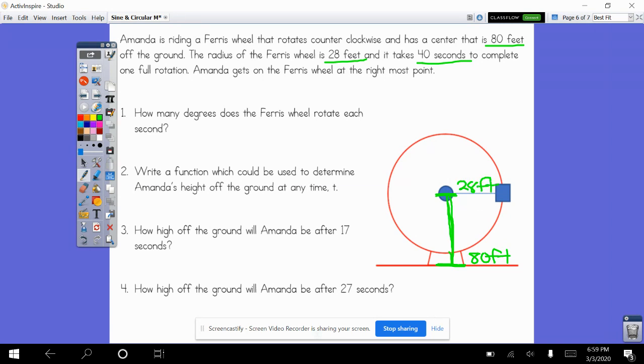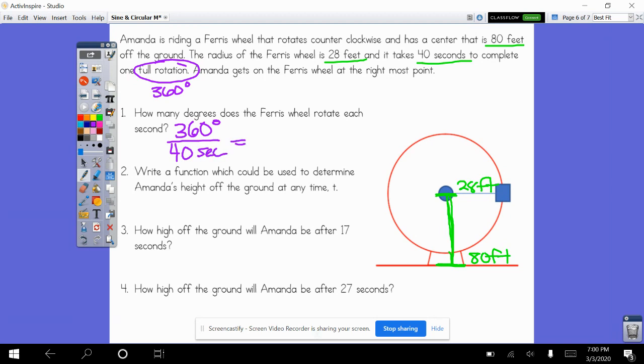Okay, so it takes 40 seconds to complete a full rotation. All right, how many degrees does the Ferris wheel rotate each second? If I know that it takes 40 seconds to go a full rotation, that tells me 360 degrees. Always, that's always a full rotation. So to find the degrees each second, that's degrees per second, I take the total number of degrees, 360, divide it by how long it takes her to get around, which is 40 seconds.